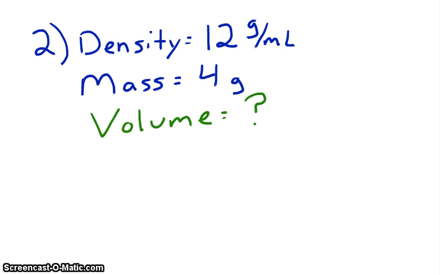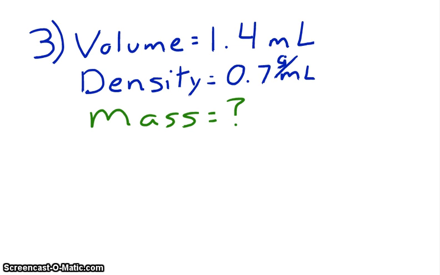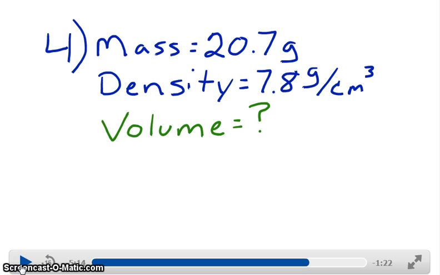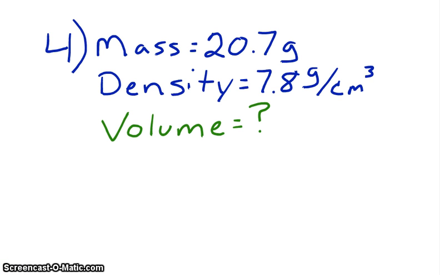Pause and do it. Here is problem 3. Pause and do it. Here's problem 4. Pause and do it. And don't press play again until you're ready to go over your answers.